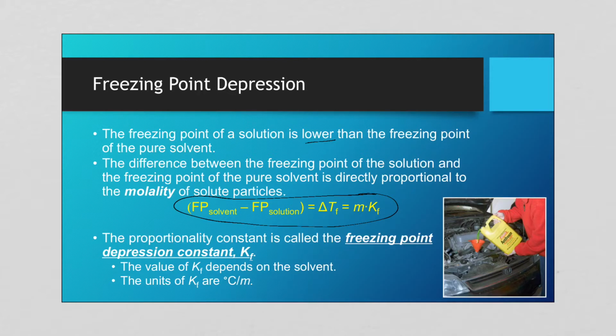So again, our change in freezing point is a positive change, because the freezing point of the solvent is always going to be higher than the freezing point of the solution. And again, it's directly proportional, in this case, to the molality. So again, we use these mass-based units.